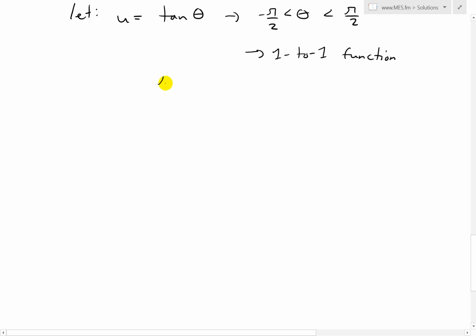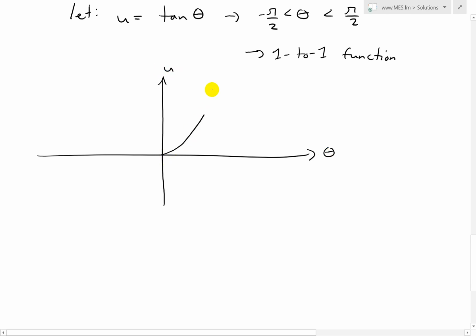And also just to go further, if we graph this out, let's call this theta, this is u. The graph for tangent looks something like this, where you have an asymptote here at pi over 2. This is u equals tan theta.